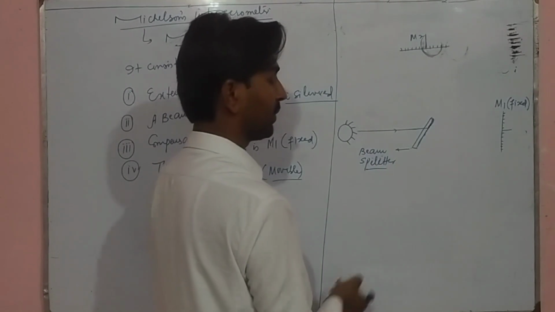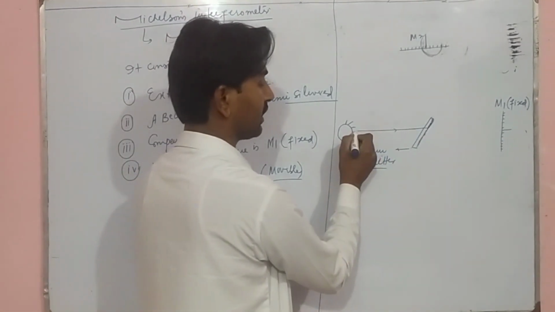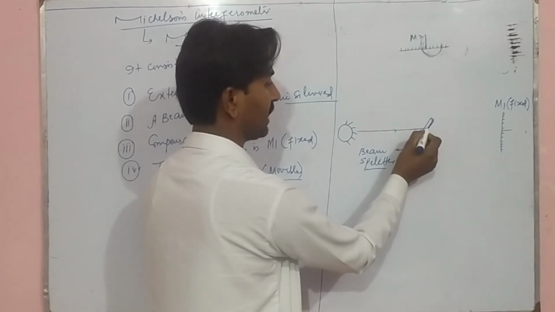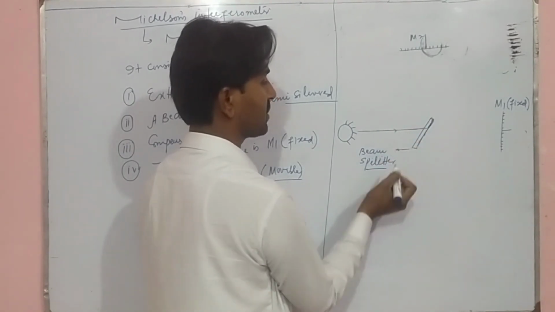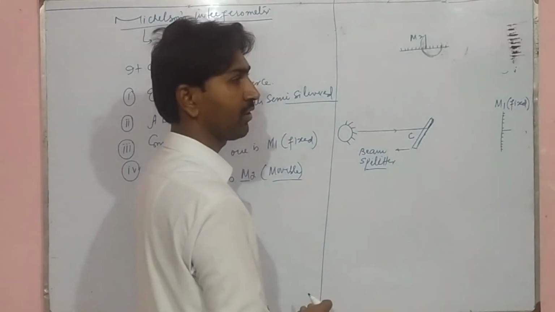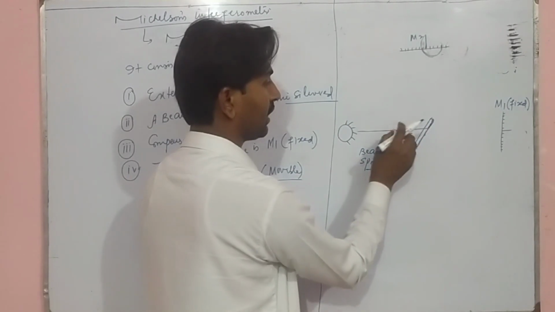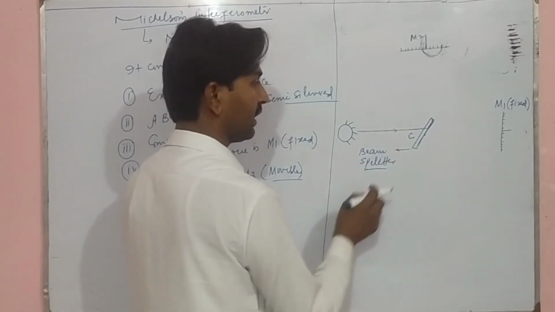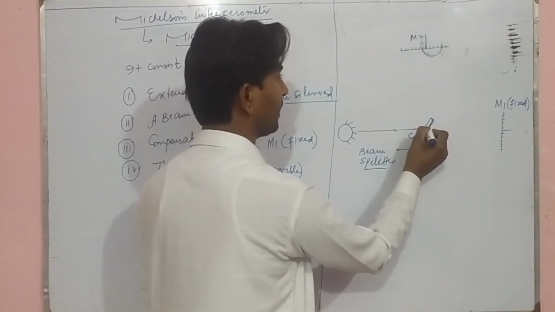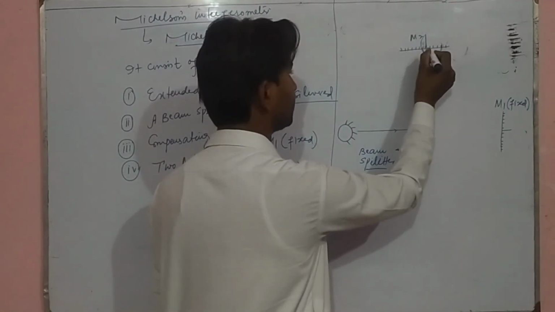Why is it so named? Because of its function. What is its function? When a ray of light strikes the beam splitter, let's say this is plate C, a partial ray is reflected to the M2 mirror.